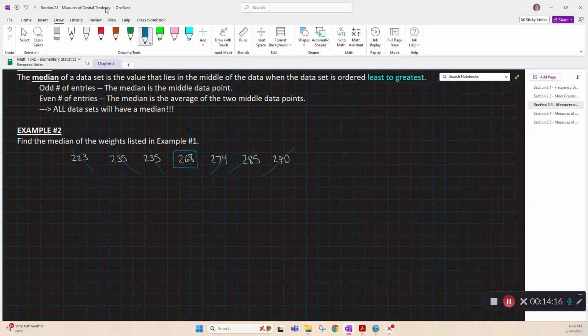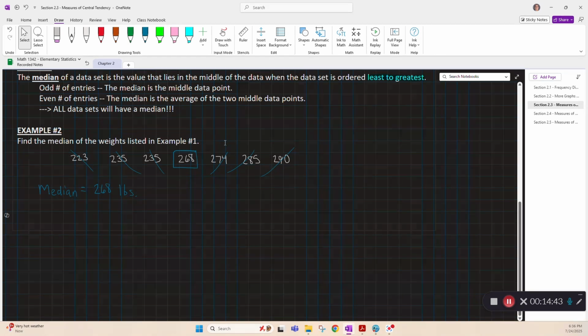Here, there's my median. So the median is equal to 268 pounds. Done. Okay? So obviously that one had an odd number of entries. It made it easy.